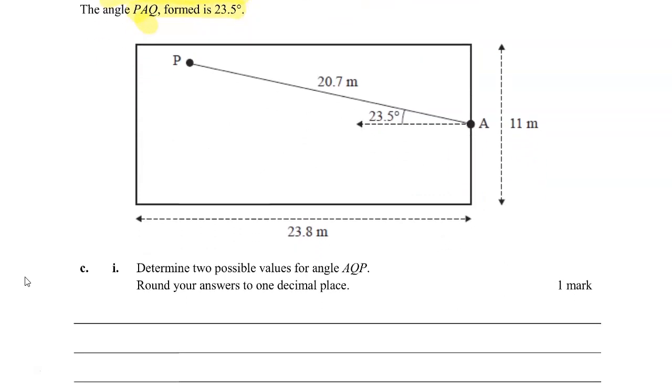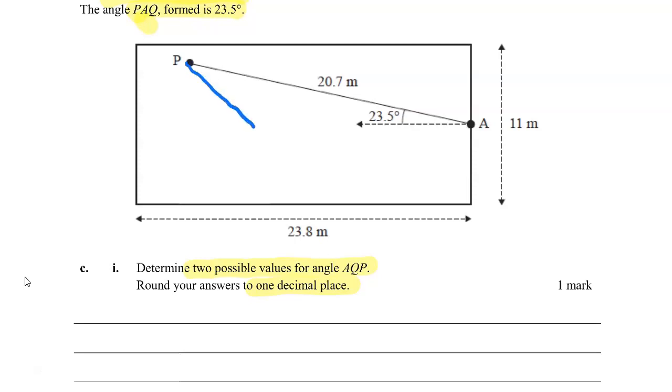Determine 2 possible values for angle AQP. So that is the angle there. So we don't know where Q is.